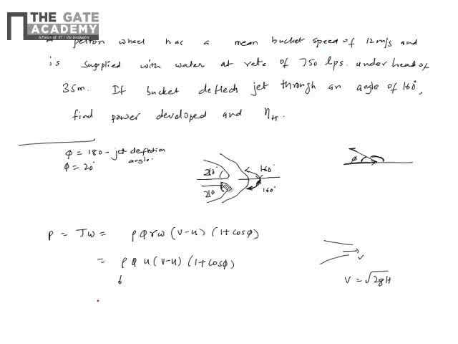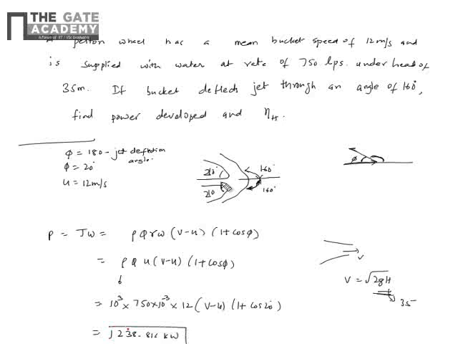Rho is for water, so density is 10 power 3. Q is 750 liters per second, and a liter is 10 power minus 3 meter cube per second. U is given as 12. V we can get from head 35, and cos 20. When everything is known, when you substitute, you get close to 238.8 kilowatt. That is the power delivered.